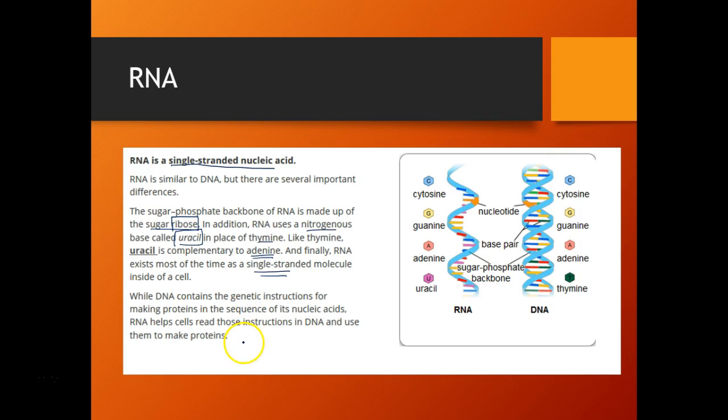While DNA contains the genetic instructions for making proteins in the sequence of its nucleic acids, RNA helps cells read those instructions in DNA and uses them to make proteins. The goal of RNA is to take the instructions of DNA to the different organelles in the cell to help make the proteins.